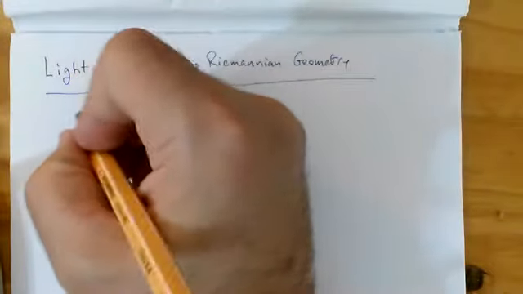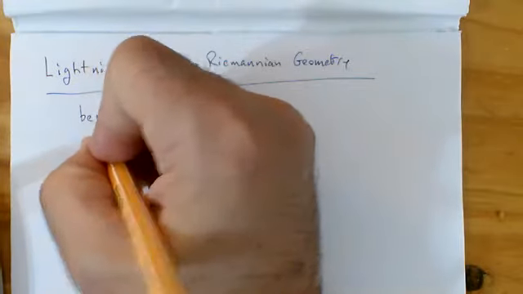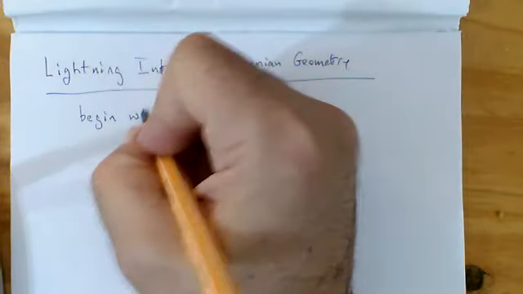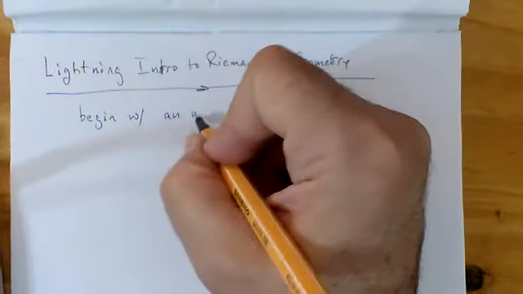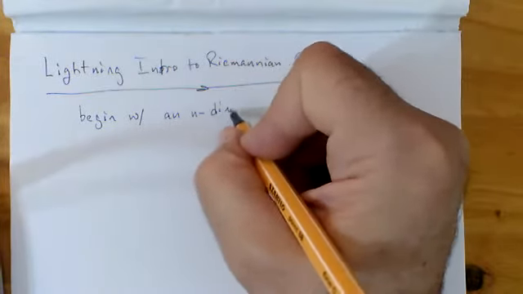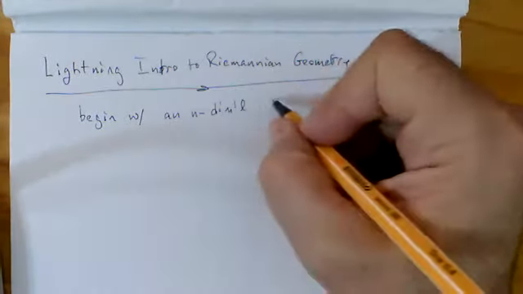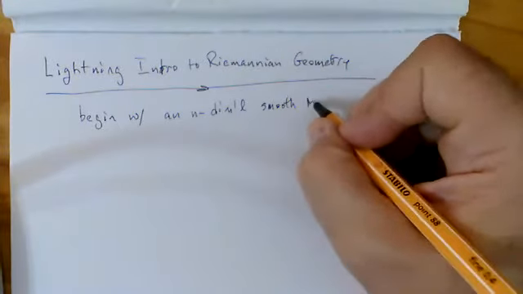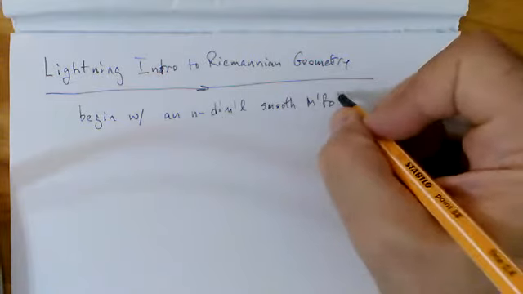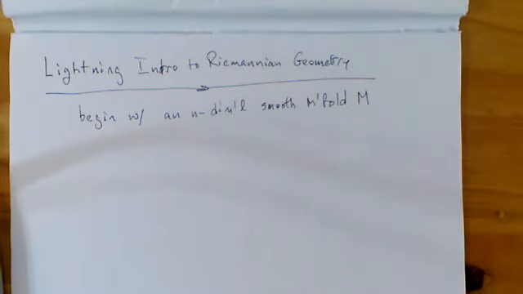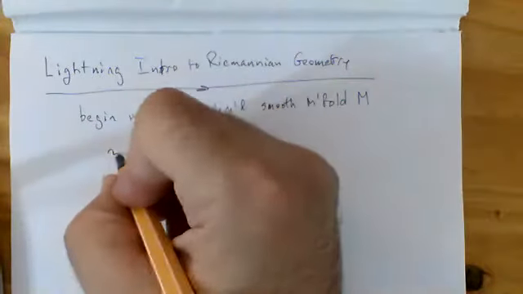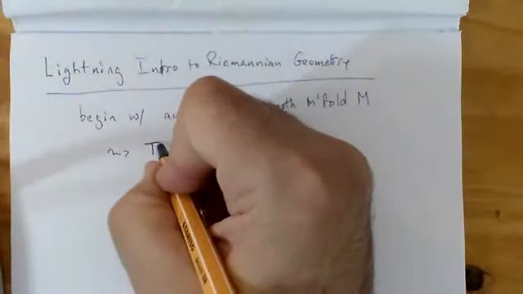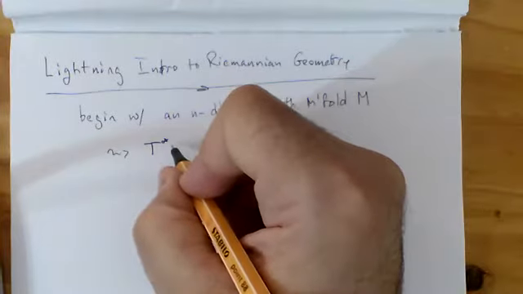So we begin with an n-dimensional smooth manifold M. And associated to M, we obtain the cotangent bundle.